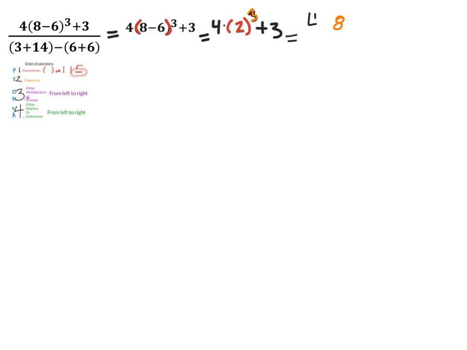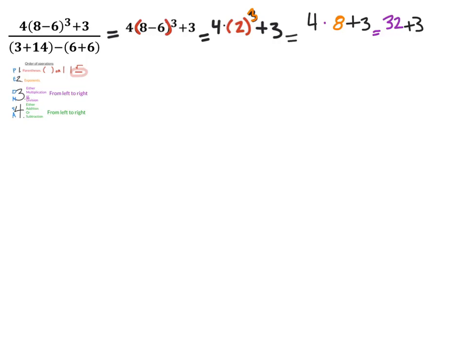So now I got 4, and that would be multiplication between the 4 and the 8. And then I've got that plus 3. Because there are no more exponents, I'm looking at multiplication or division, and I've got the multiplication there. 4 times 8 is 32. But then I've got to add the 3.